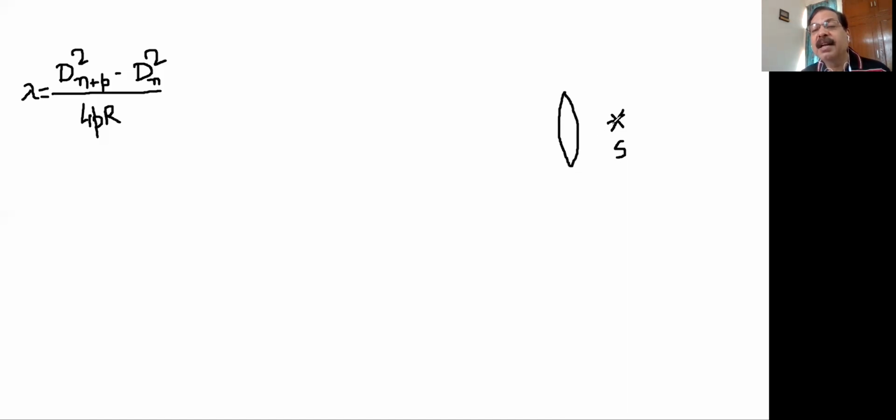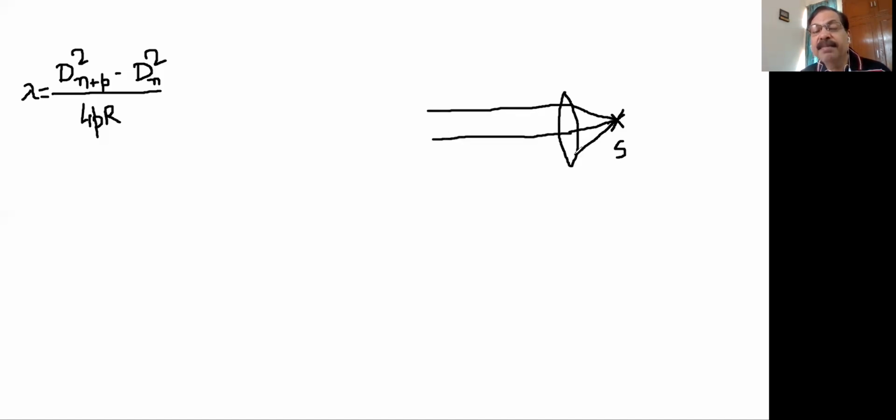This source is kept at the focus of this convex lens, so after refraction, the light wave becomes parallel like this.